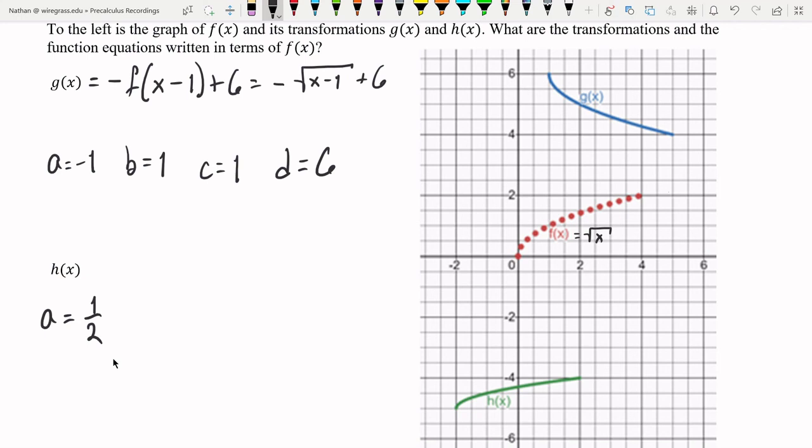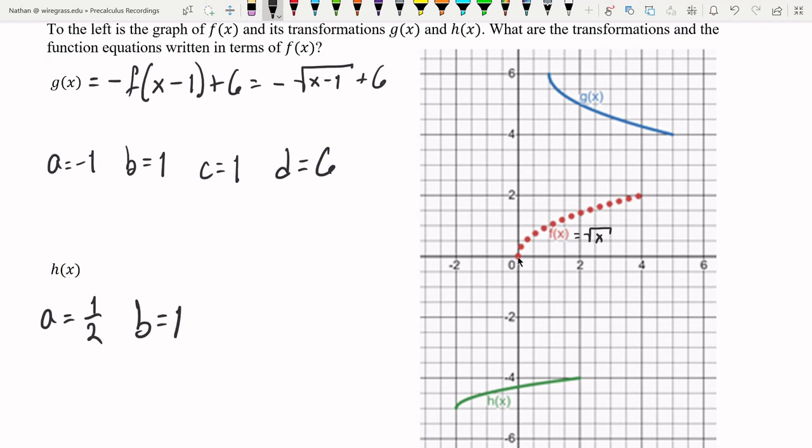If it had been horizontally compressed by half of its length, then B would actually be 2 because B greater than 1 is a compression. Just go back and look at those transformations I did above. Now, nothing's happened horizontally, so B is again 1.